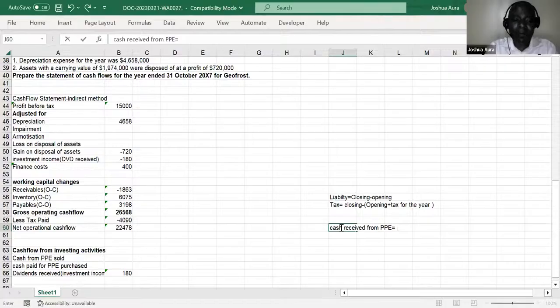You shall take the carrying value, which is the same as book value or net book value. You add profit, the gain. Or if it was a loss, no worry.